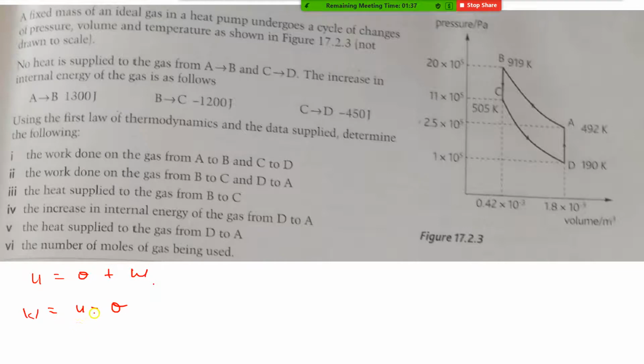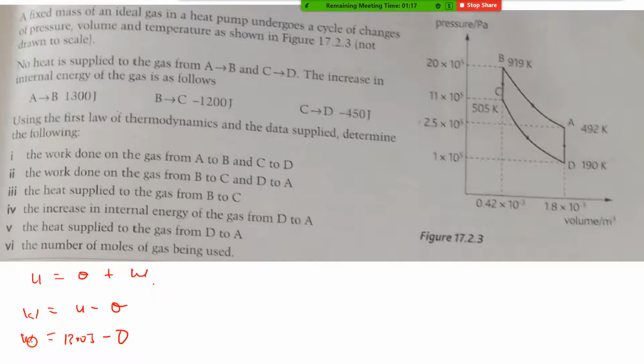Now, the question said that there's no heat supplied to the system from A to B. So what that tells us is that Q is going to equal 0, right? So my internal energy, which they stated to us from A to B, is 1,300 joules.